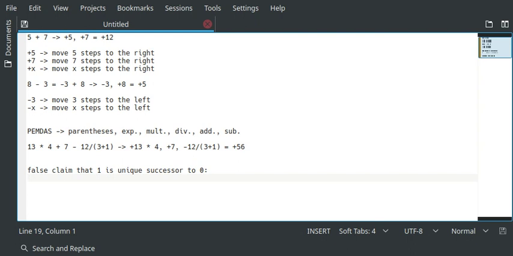From Peano's axioms, you get definitions where 0 plus 1 gives you 1. Sure. And 0 has no successor, or rather, no number exists whose successor is 0. There you go.